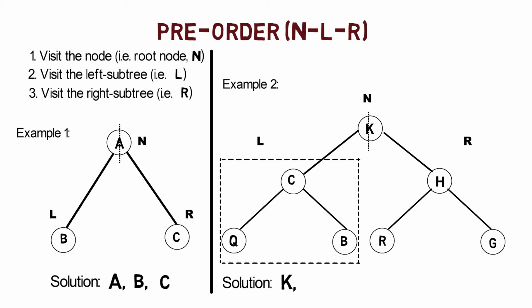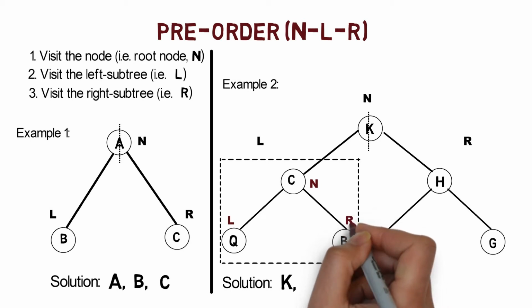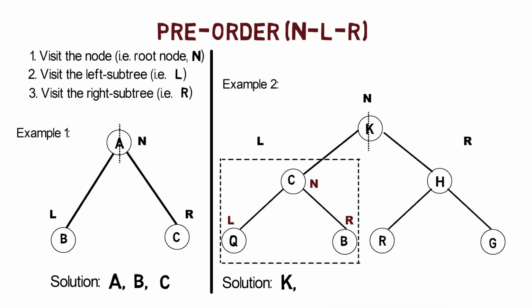Here, node C becomes our root node. Q becomes our left subtree and B becomes our right subtree. So to traverse this tree, we go from C to Q and to B. Now we are done dealing with the left subtree.